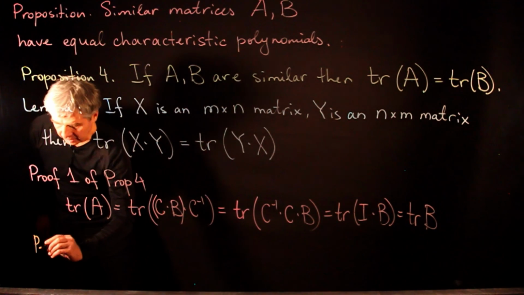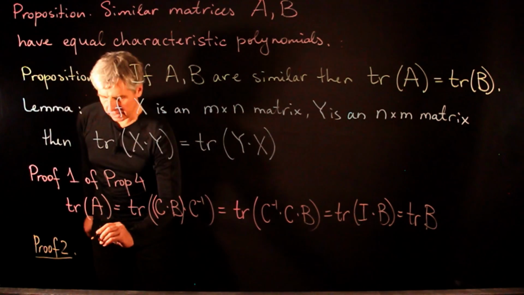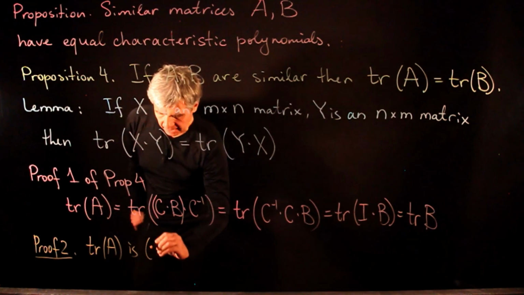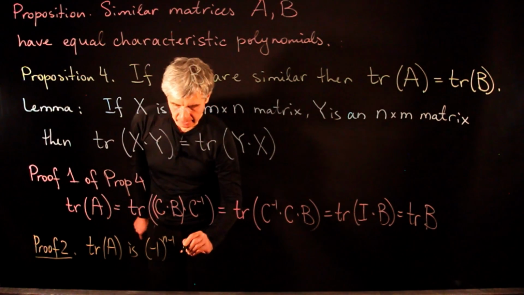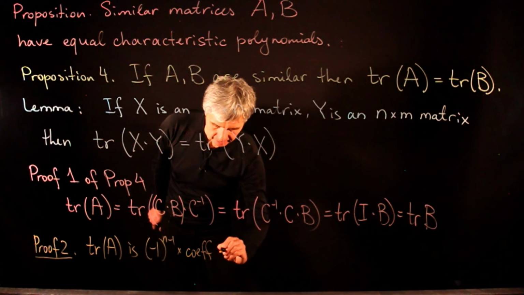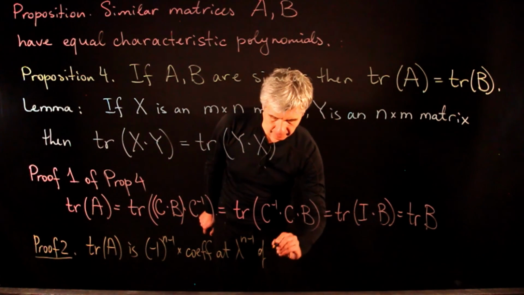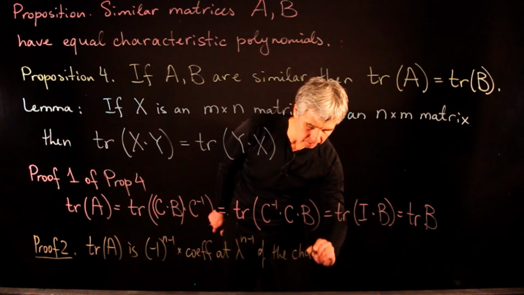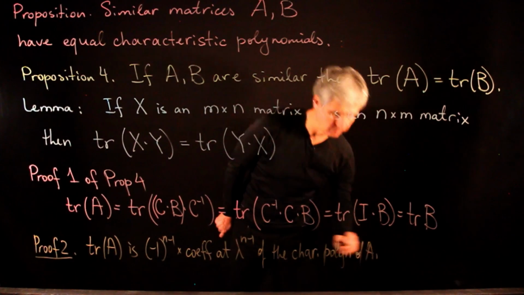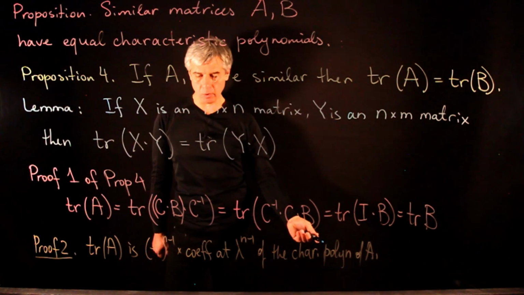And now let us give the second proof, which is also quite instructive. Here we can say that the trace of A is (-1)^(n-1) times the coefficient at lambda to the power n-1 of the characteristic polynomial of A. And we proved that similar matrices have equal characteristic polynomials.